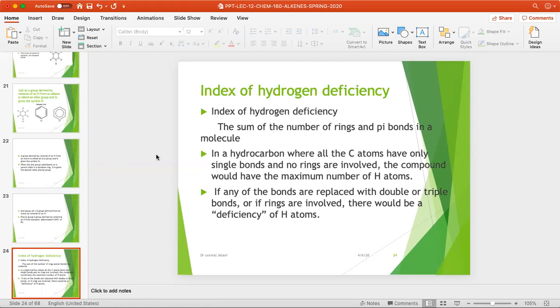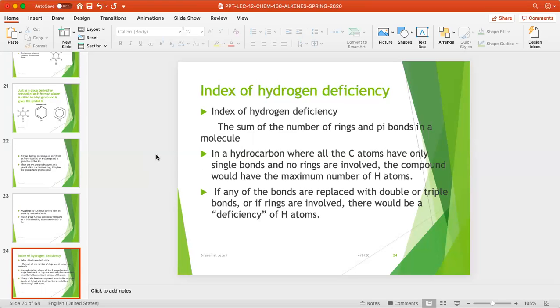Our next heading is the index of hydrogen deficiency. Index of hydrogen deficiency means that we are locating the double bonds and triple bonds. You know that the general formula for alkane is CnH2n plus 2, for alkenes the general formula is CnH2n, and for alkynes it is CnH2n minus 2.